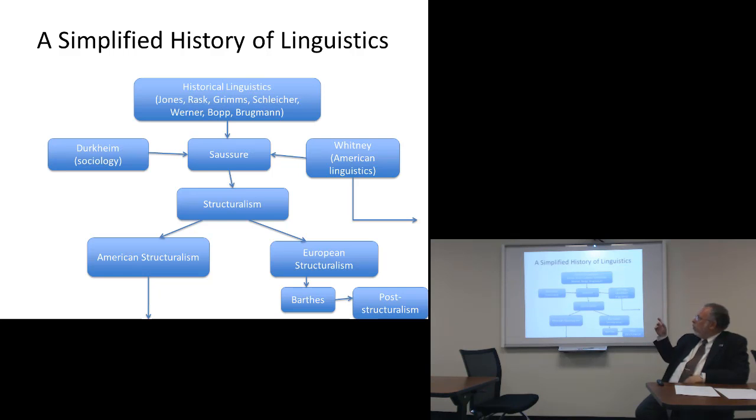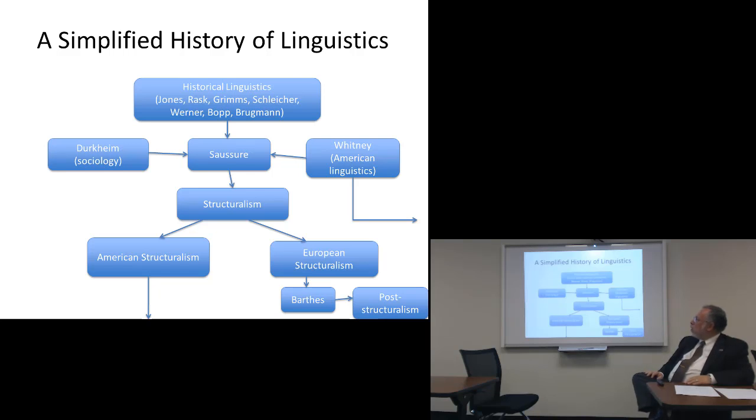Okay? And so Jones, in 1790 something, I forget the exact year, is the first one who noticed that Sanskrit, which is the old form of language spoken in India, had very clear connections with Latin and Greek. And that is the foundation of the whole Indo-European family of languages. Okay?